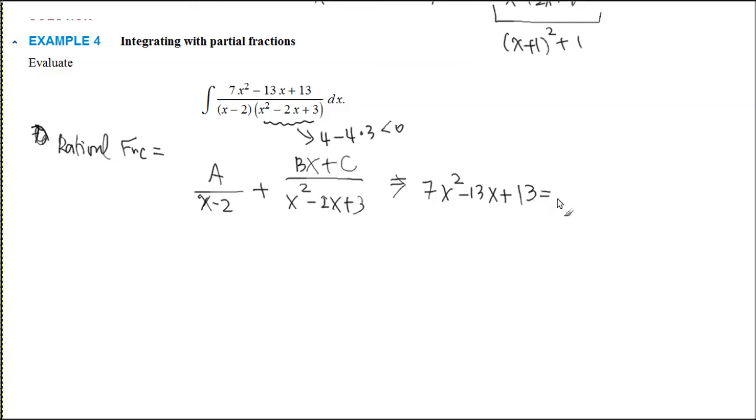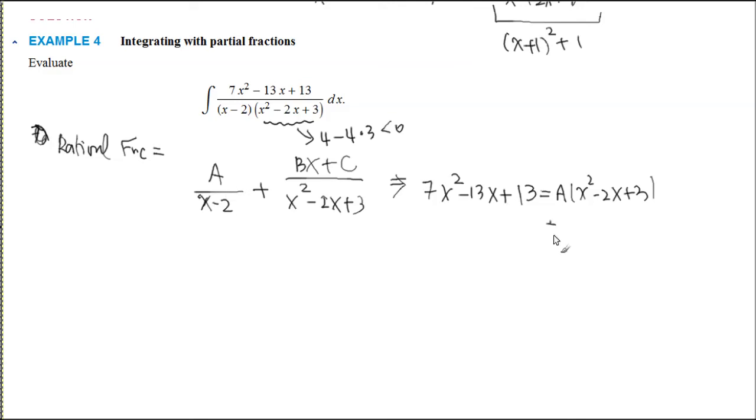What should we multiply to A to get this product back in here? Now the common denominator is x minus 2 times that. We got x minus 2 for the first term, but that part's missing, so we multiply top and bottom by this factor, x squared minus 2x plus 3. That's going to be the numerator of this one as you combine into a common denominator.